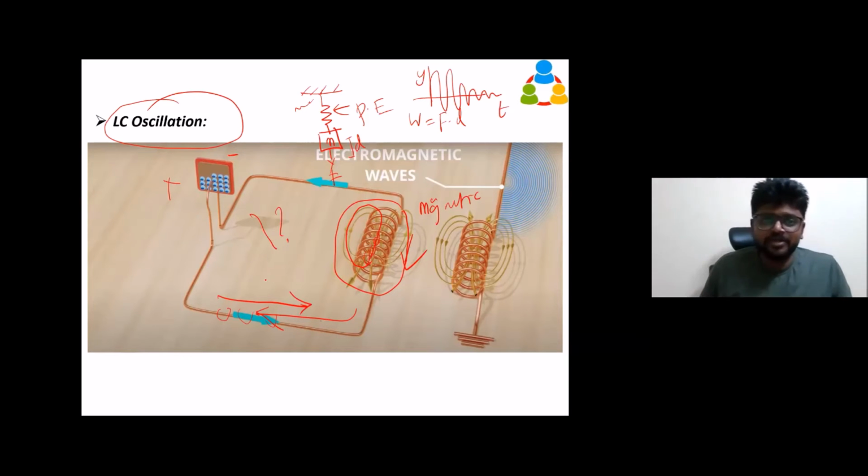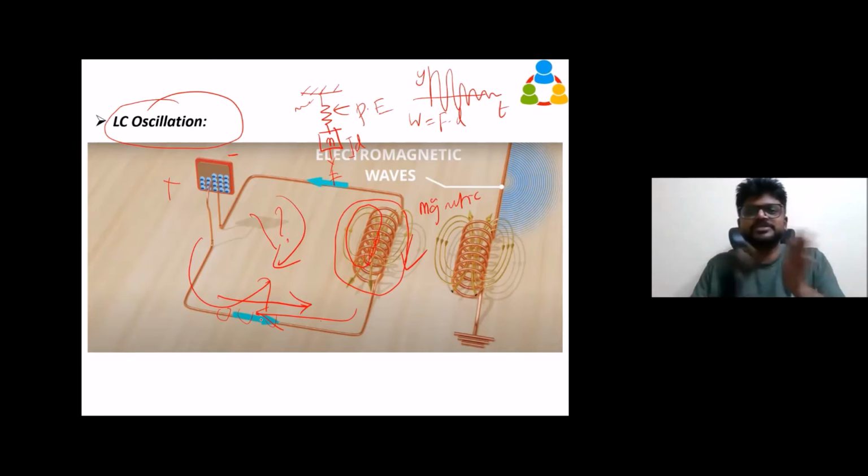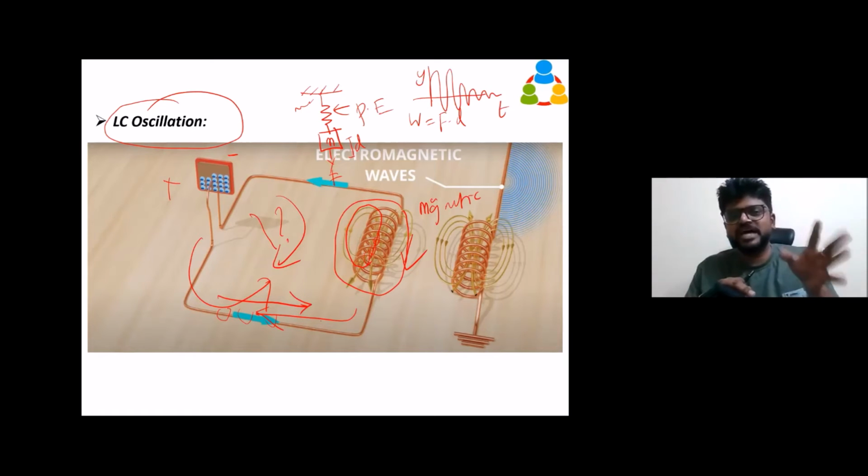So there will be an oscillation of current here. It discharges, stores in the inductor, and charges again. So capacitor and inductor both act as an oscillator, like mass and spring in our mechanical case. The electrical equivalent is the inductor and capacitor. It's going to give us the electrical oscillation, but it starts with the initial charge.